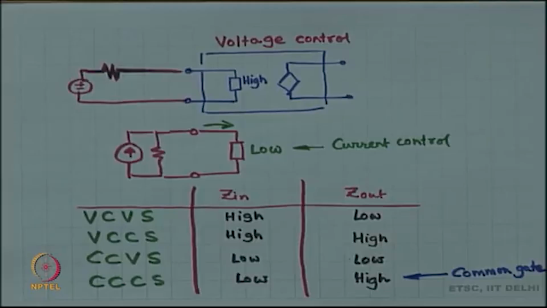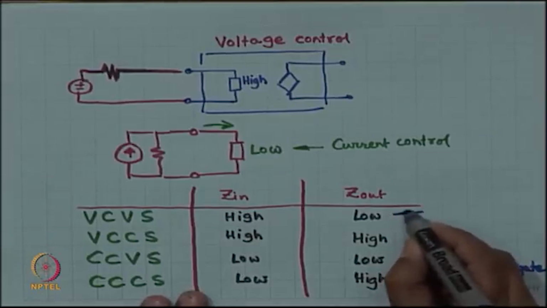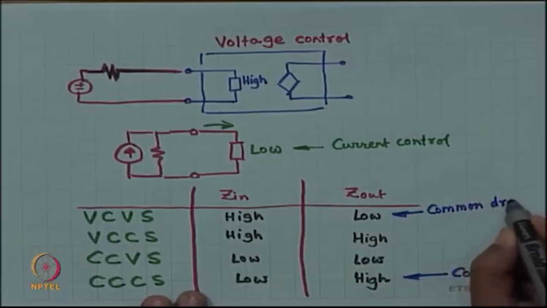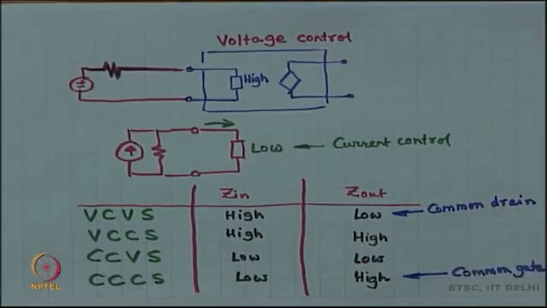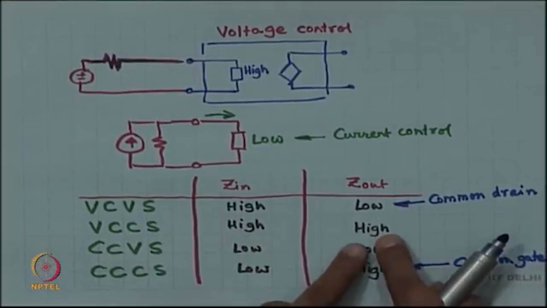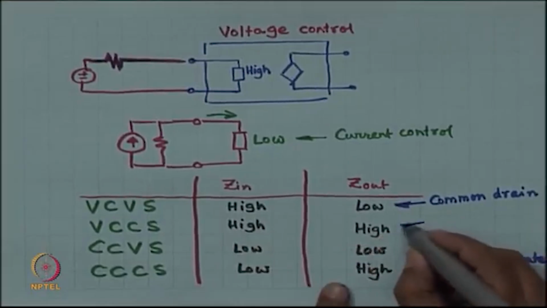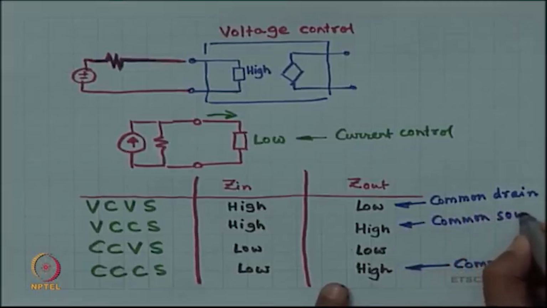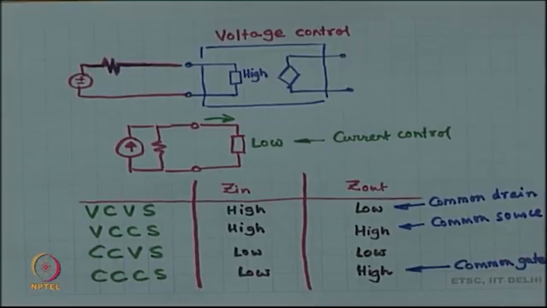Then if it is a common drain circuit, the input impedance is very high, the output impedance is very low. If it is a common source circuit, then the input impedance is high, the output impedance is high. And so on and so forth.